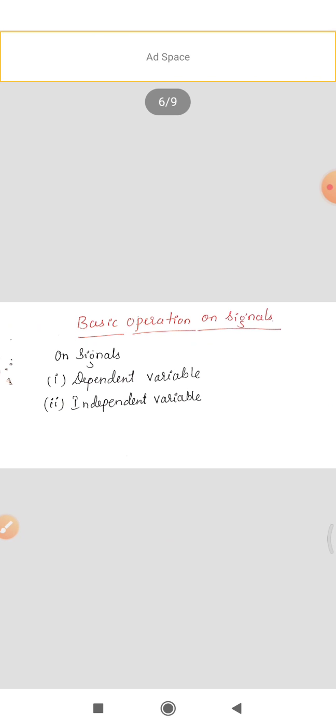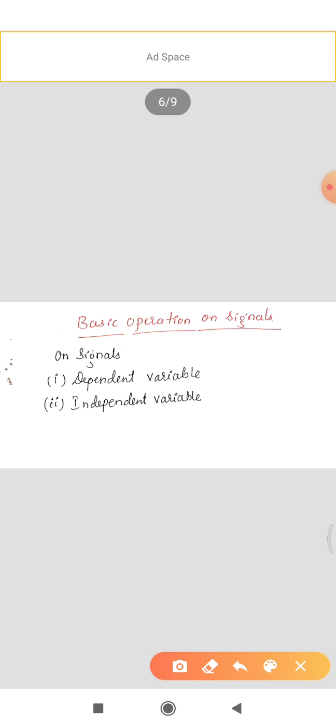Let's see what operations we can do. We'll list them out first and then start doing them. If you want, you can note it down.